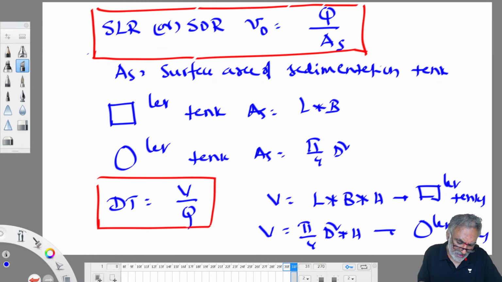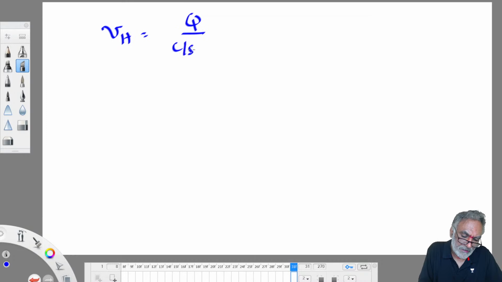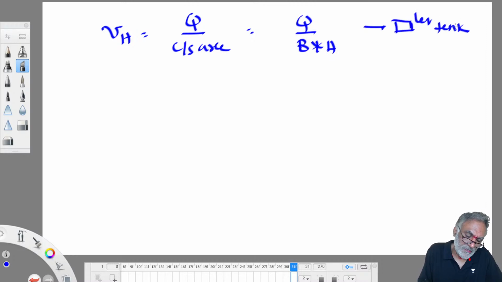In addition to that, the extra things that you need to remember in case of sedimentation tank design is flow velocity. Horizontal flow velocity is equal to Q by cross section area, so Q by B into H. That is also important, for rectangular tanks especially. Okay.